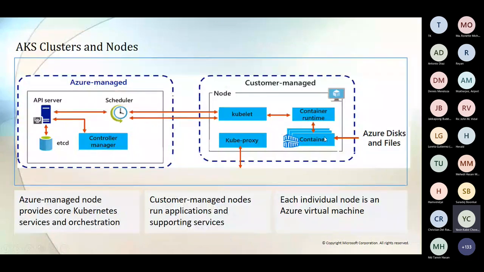This is managed by Azure, controlling and scheduling which containers will go now, which will be in the back and which will be proxy. All will be controlled by this node, and you cannot pay for this node. You only pay for the customer managed nodes, meaning these VMs.